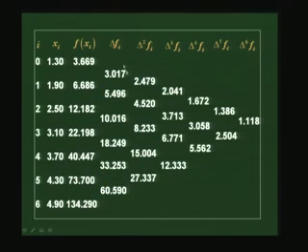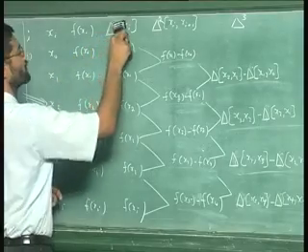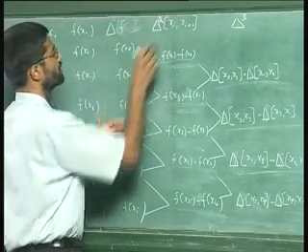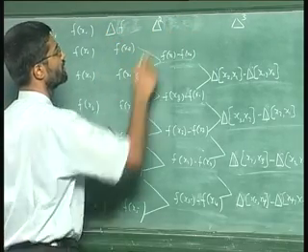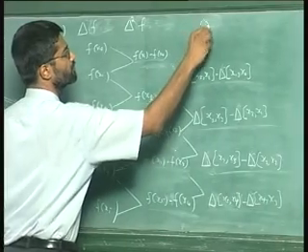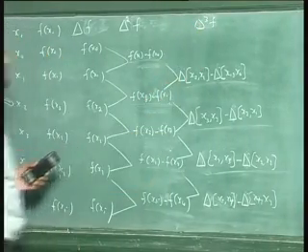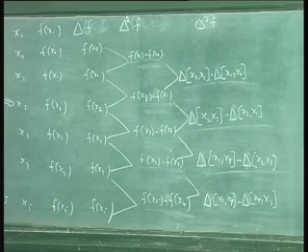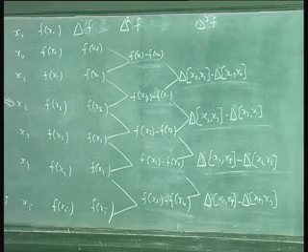So now we have delta f, del square f, del 3f, del 4f, del 5f, del 6f, etc., as you go along. Okay, so I just made a small mistake.